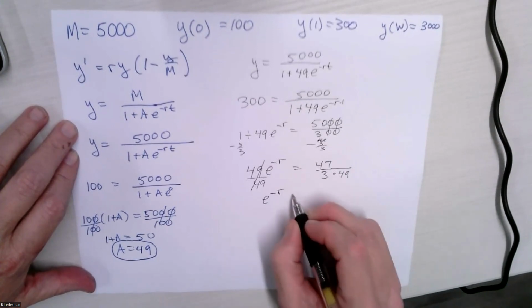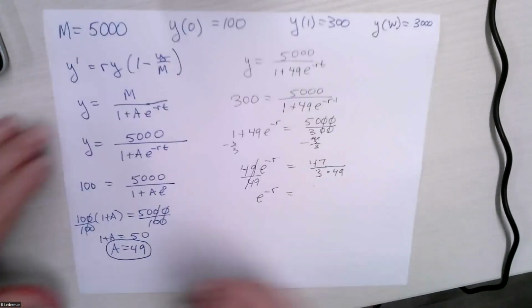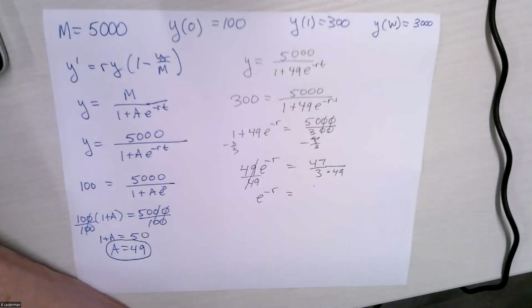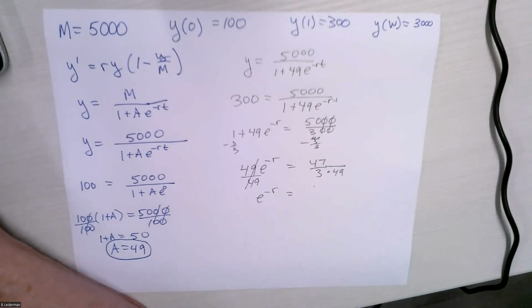So e to the negative r is equal to, well, let's see, what is 47 over 3 times 49? Let me go on my calculator here. 47 divided by 49 is 0.3197.